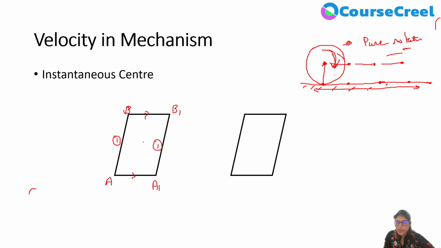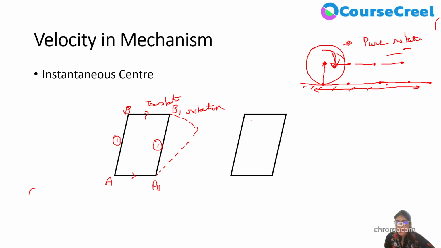So AB is changing its position to A1 B1 in terms of translation, right? Now after some time the A1B1 is having rotation, so the A1 will be fixed and B1 will be moving. So here this is representing rotation.